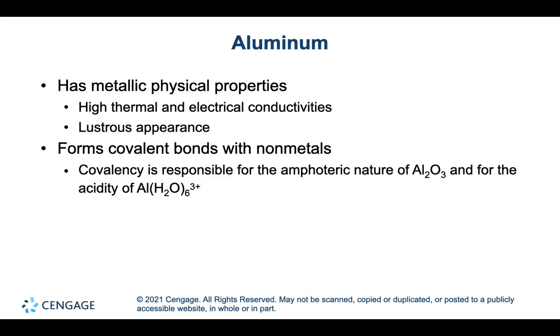It's amphoteric. The acidity of the aluminum ion in water is sort of an example of the aluminum forming some covalent-like bonds with water. So it's definitely a metal, but you know it's got some ways in which it sort of crosses into nonmetal as well.